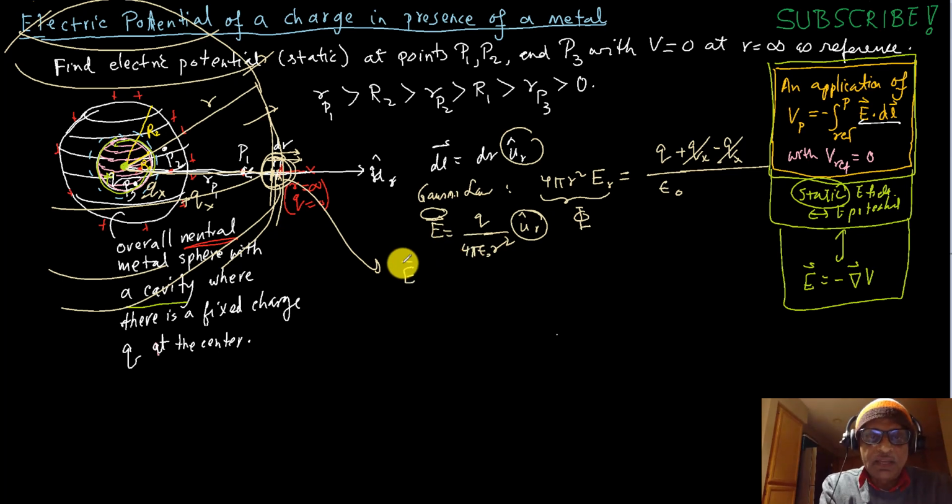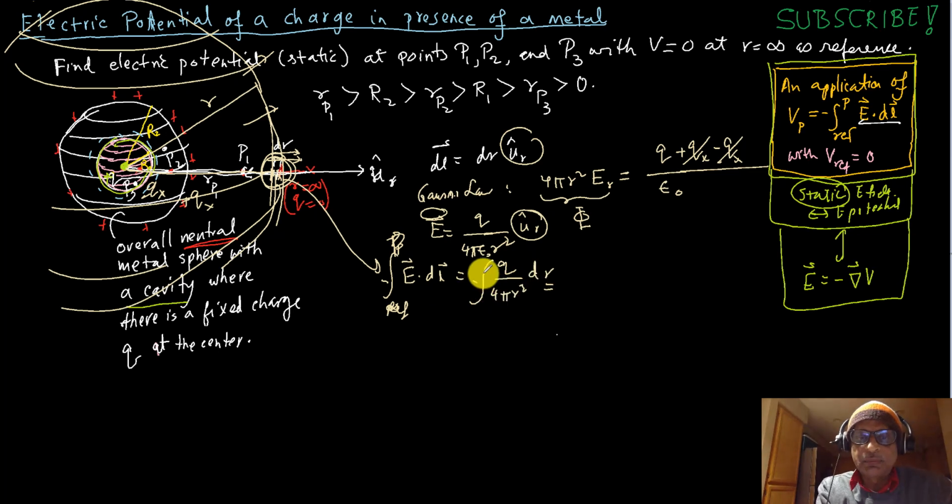So E dot dl is simply Q over 4 pi epsilon naught r squared dr, and we need to have a minus, from infinity to r_P, from reference to point P, and this is the integration variable now.